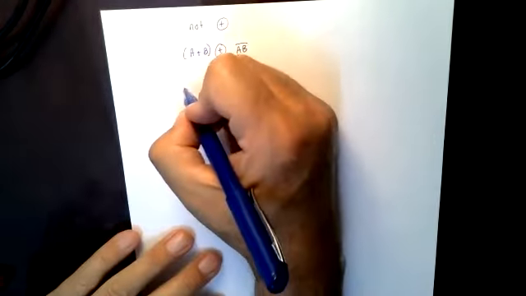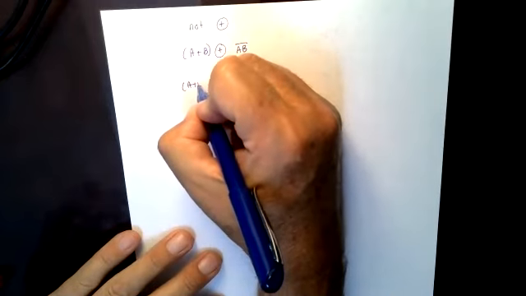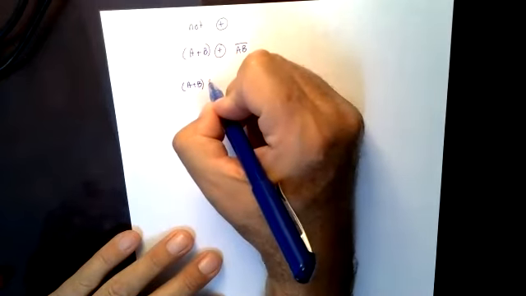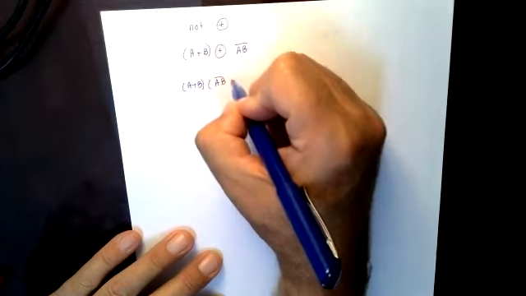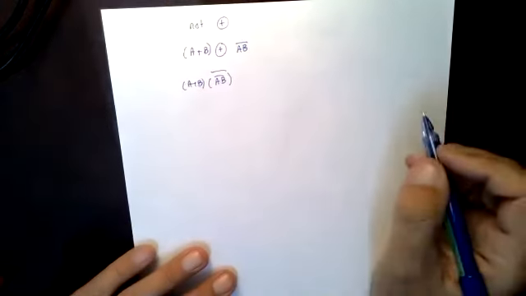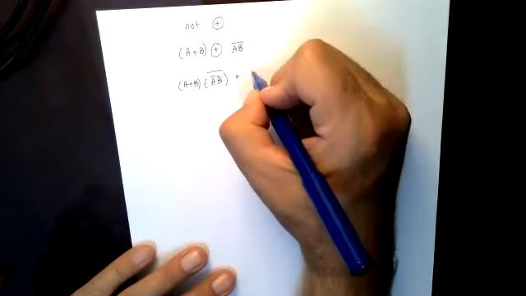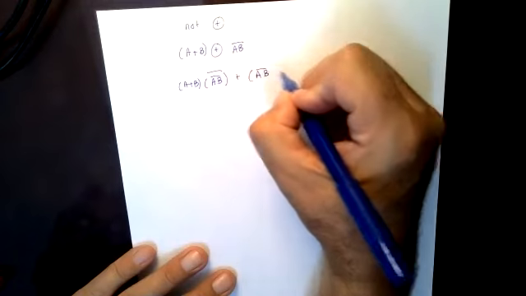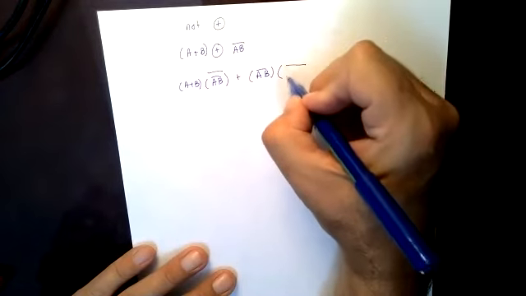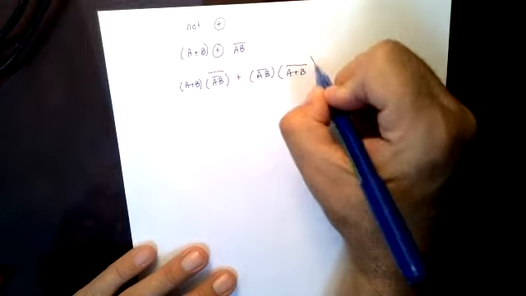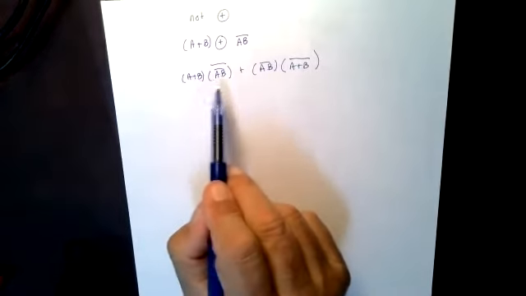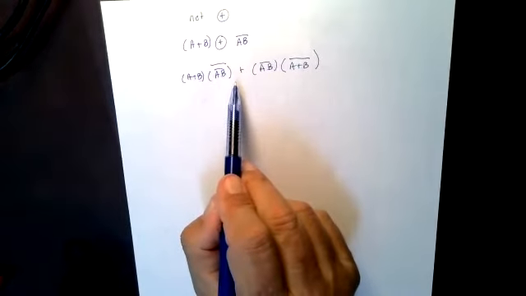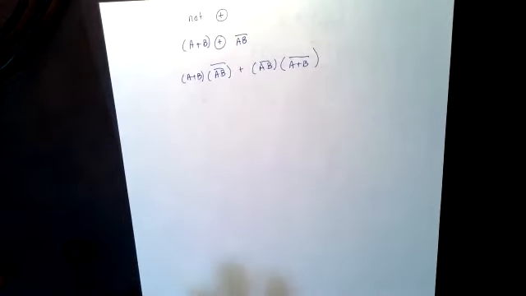Exclusive or is the first times the not of the second plus the second times the not of the first. First times the not of the second plus the second times the not of the first.